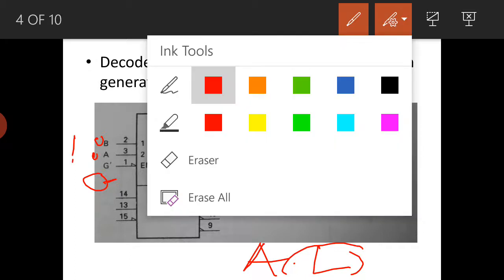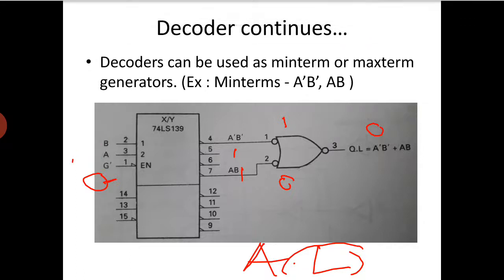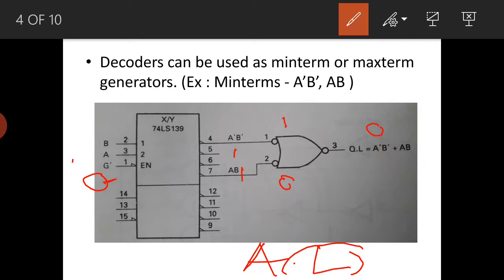In that case the output here will become 0, and the other three outputs will become 1. So either for A bar B bar or AB, the output will be 0.